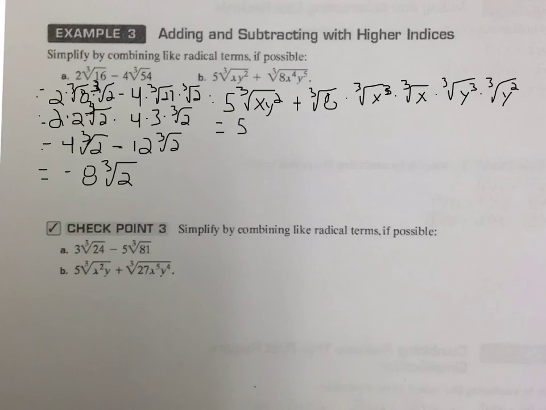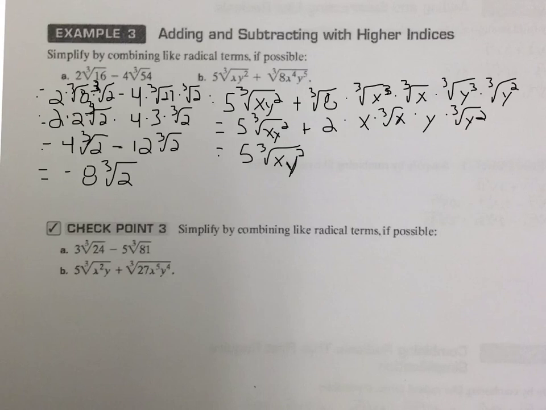All right, so the first thing didn't change. Cube root of xy squared plus the cube root of 8 is 2. The cube root of x cubed is x, and we got a cube root of x. The cube root of y cubed is y, and we got a cube root of y squared. So we got 5 cube root of x, y squared still in the first term.